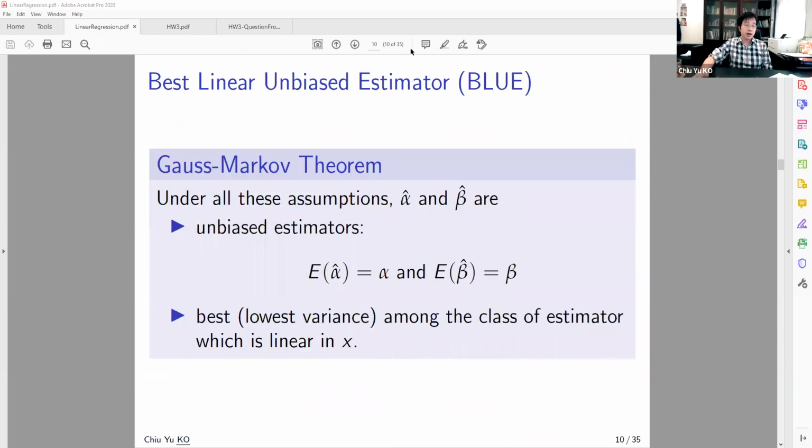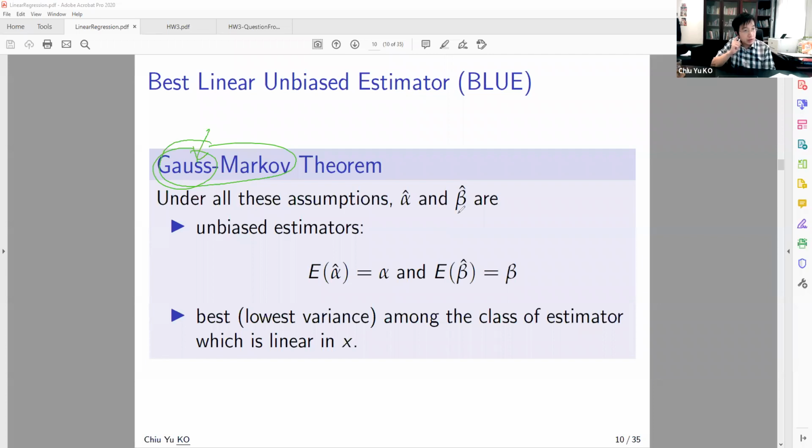This is the second important theorem, which we don't prove in our class. It's called the Gauss-Markov theorem. You can see Gauss and Markov, both very famous mathematicians.